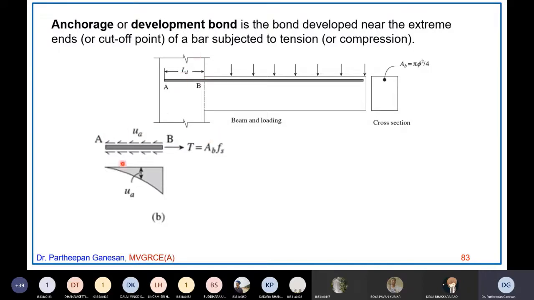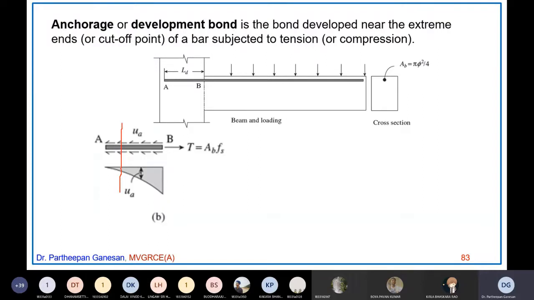Now bond stress varies like this. At this point the total amount of bond stress is this much. Now at this point, if I take here, the bond stress available is only this much. So if I take a pen, suppose I want to find out what the bond stress is at this point.